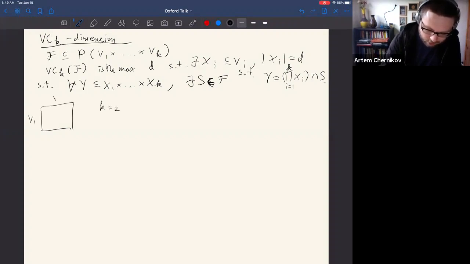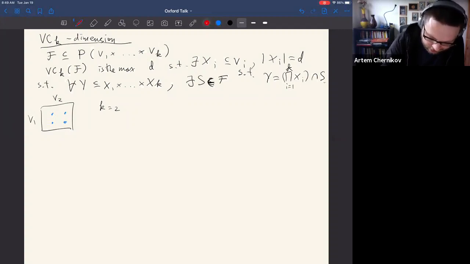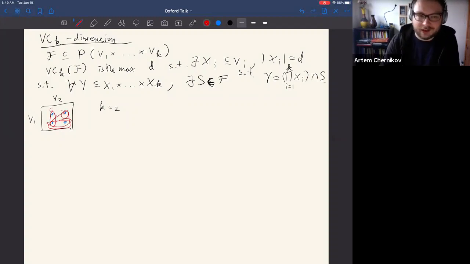We have V1, V2, two sets. In order to say that the VC2 dimension is at least 2, we should be able to find a 2 by 2 box such that every subset of this box is cut out by intersecting with some set in the family. Okay, so this is the definition.